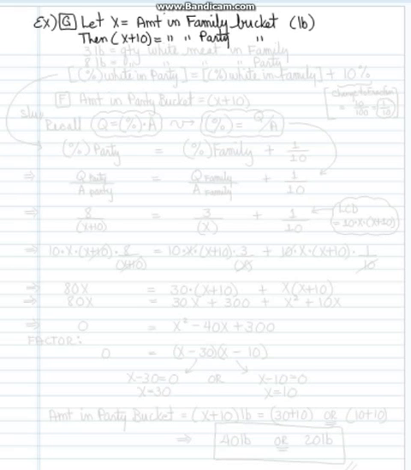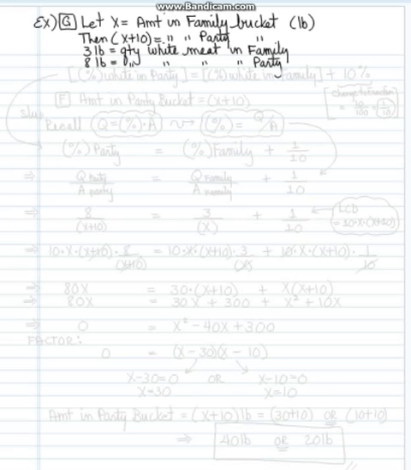And then we also see that 3 pounds equals the quantity of white meat in the family bucket, and we're told that 8 pounds equals the quantity of white meat in the party bucket.